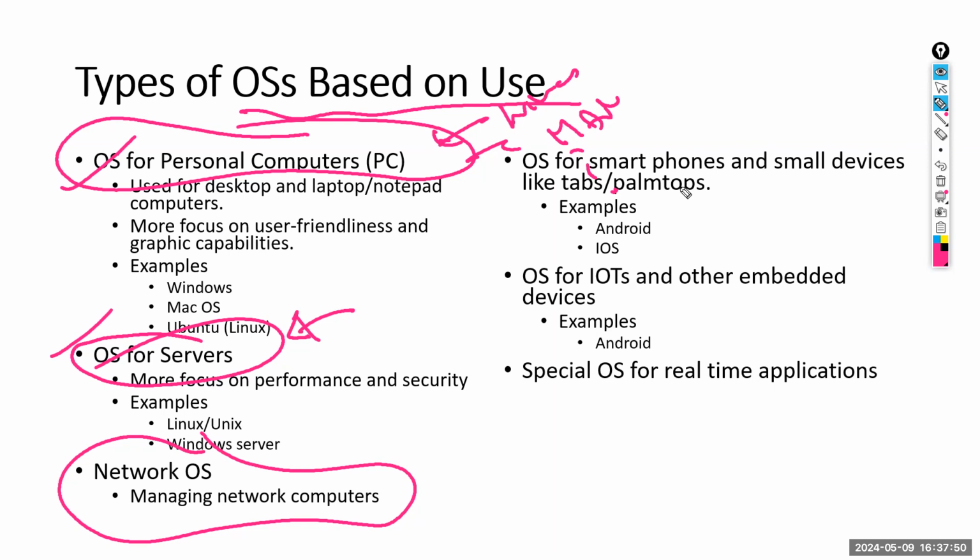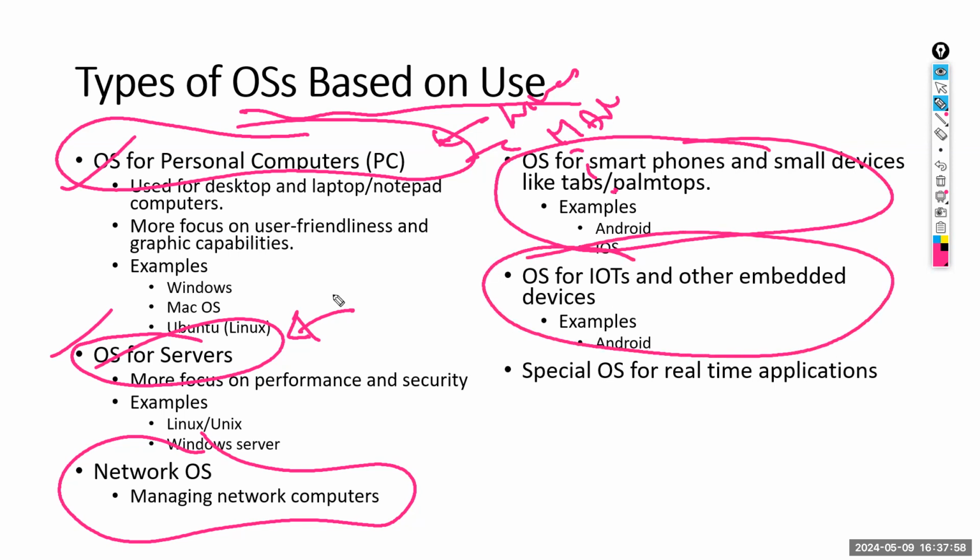Then we have OSs for small devices like smartphones and tabs. Then there are OSs for other embedded devices like smart washing machines, and so on. So there are some control actions. Okay. And of course, there are applications for real-time OSs like military applications or medical applications.